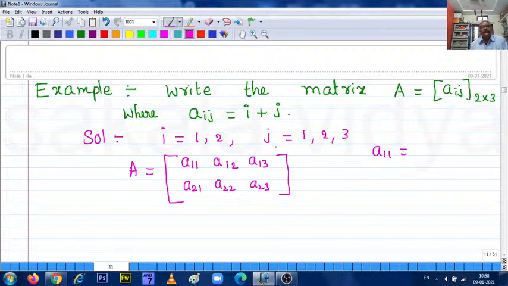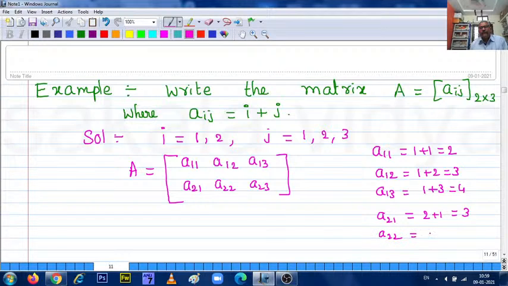Now you need to find out A11. A11 means Aij is equal to i plus j. 1 plus 1, 2. Next A12, 1 plus 2, 3. A13, 1 plus 3, 4. A21, 2 plus 1, 3.